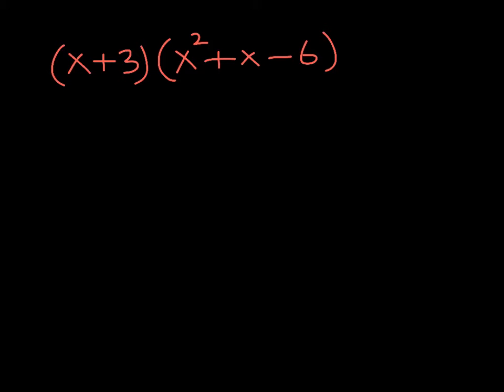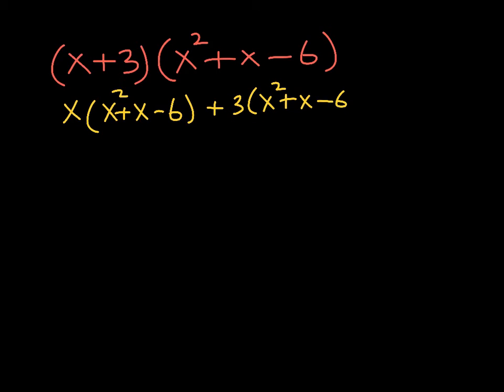So the same principle applies just like we've always done. So this is going to be x into (x² + x − 6) plus 3 into (x² + x − 6).